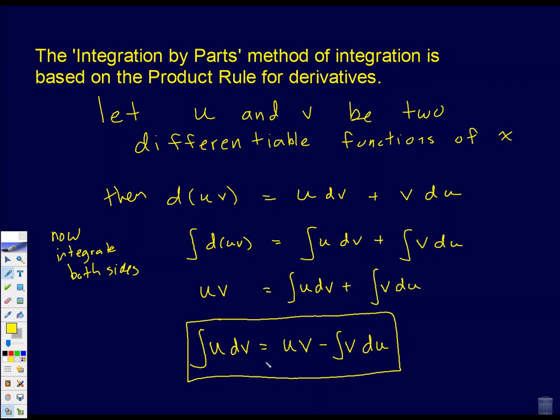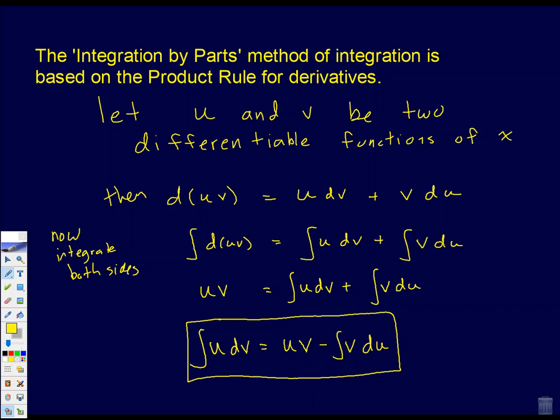Essentially, what this equation is stating is that this first integral can be expressed in terms of a different integral, and what we're hoping for is that the integral v du is one that we will be able to solve with the techniques you've already learned.